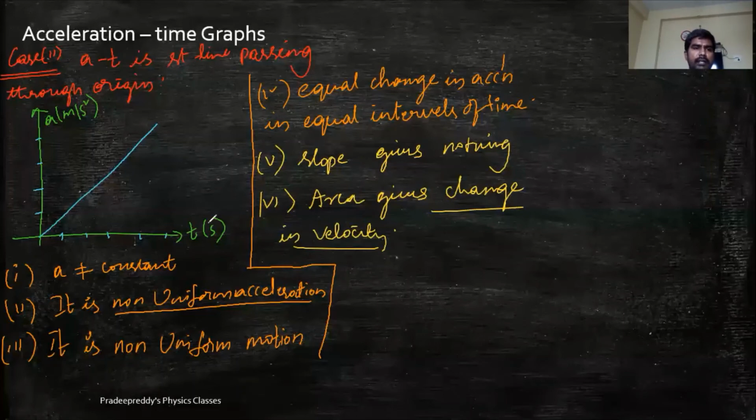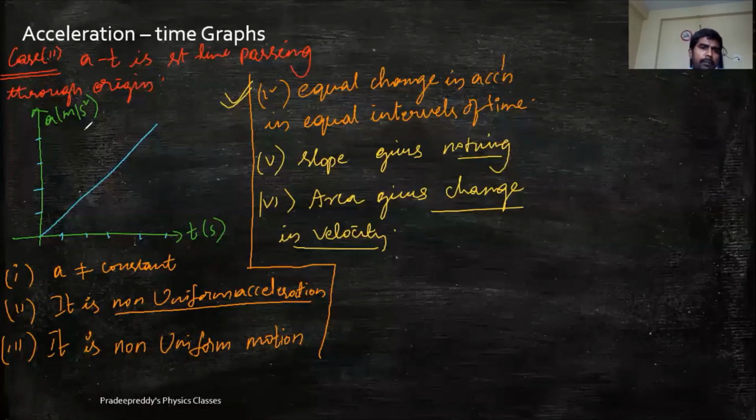So that is the case 2 AT graph. Only one extra point you can tell from here is equal changes in acceleration in equal intervals of time. Only this is the extra point you are learning from this graph over case 1.